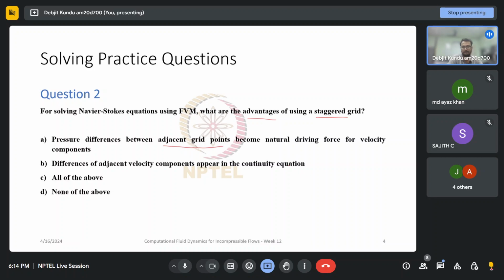Once you have figured out the solution, you can respond in the chat box or you can unmute and answer as well. So we have a quick response in favor of option C, telling that it's all of the above, basically meaning both A and B. Let's hear what others have to say.